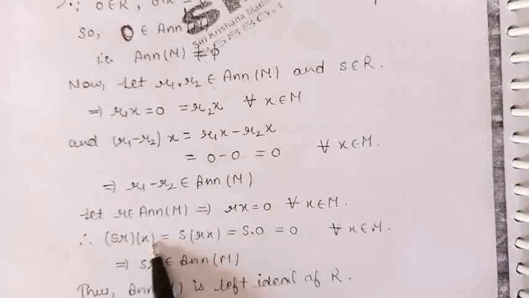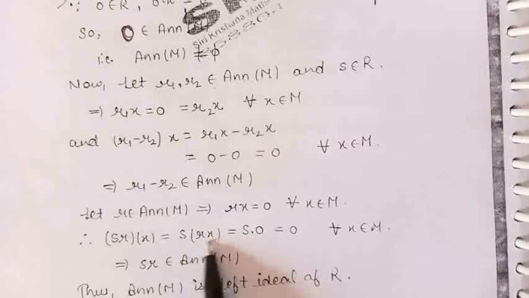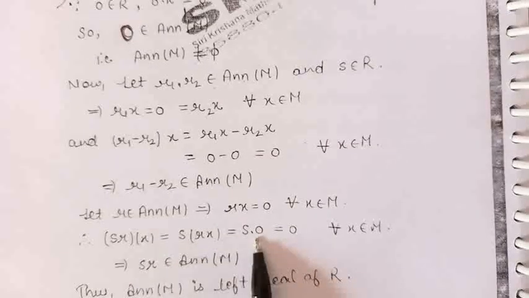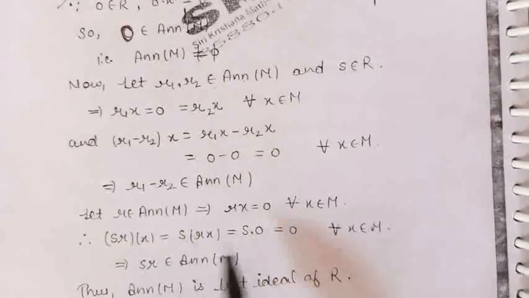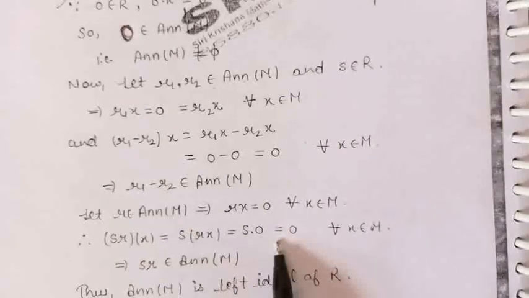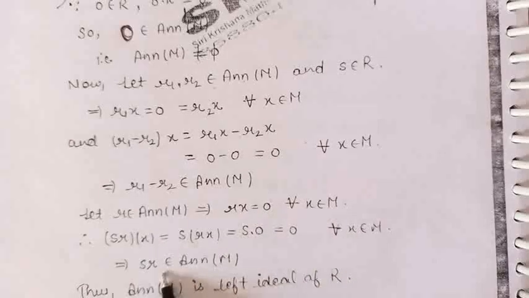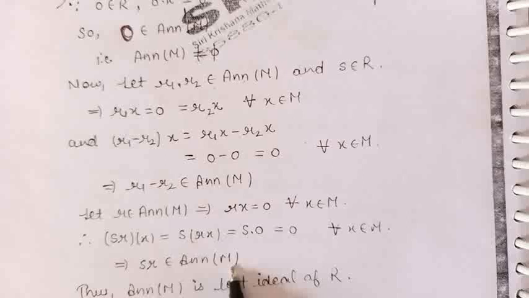This can further be written as s into rx. rx is 0, so sr into x is 0, and this is true for every x belonging to the module M. So by definition, sr belongs to annihilator of M. So this proves that annihilator of M is a left ideal of ring R.